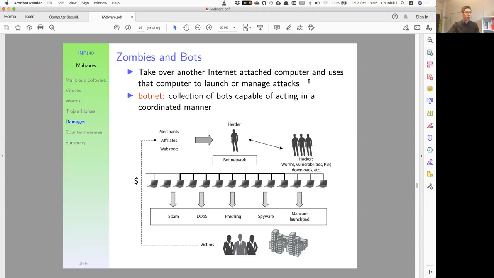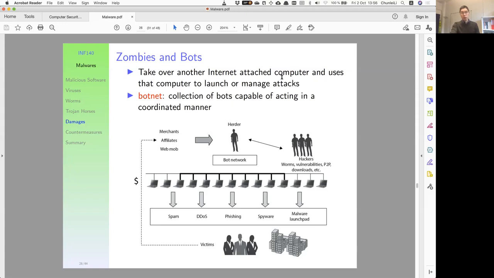Nowadays, there's a new term called Internet of Things, and these are very cheap devices which are not very advanced. Meanwhile, they are not very well protected.